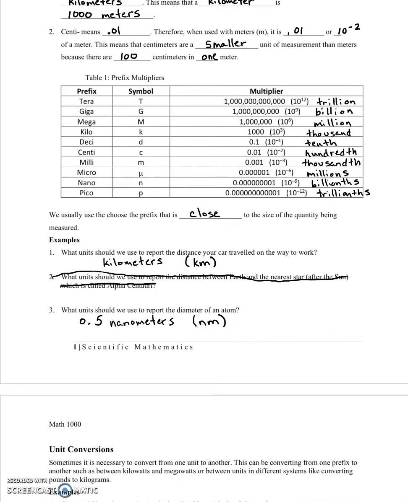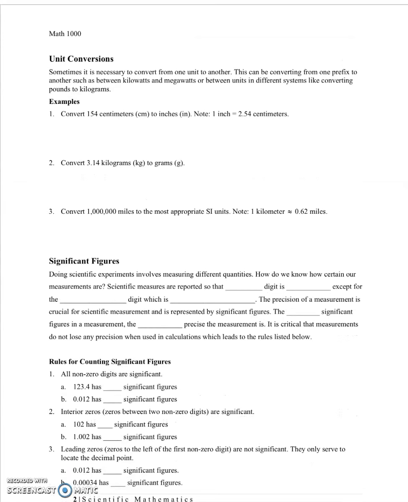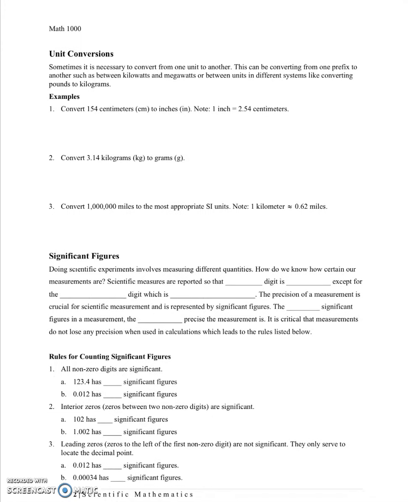Okay, scrolling to the next page. We need to talk about some unit conversions. Sometimes in science it's necessary to convert from one unit to another, or in mathematics. Sometimes, especially if we have a word problem, they may mix the units on us.